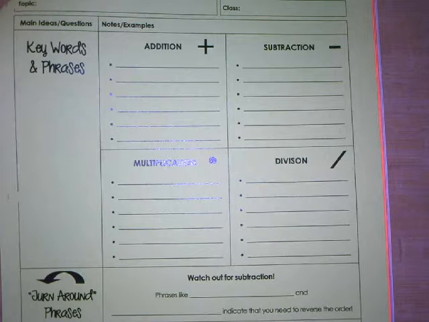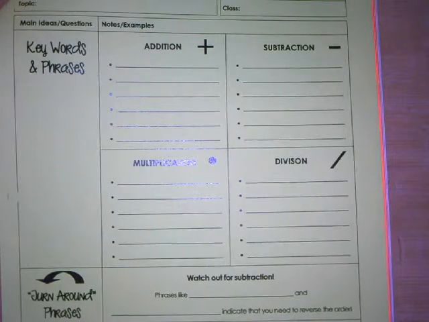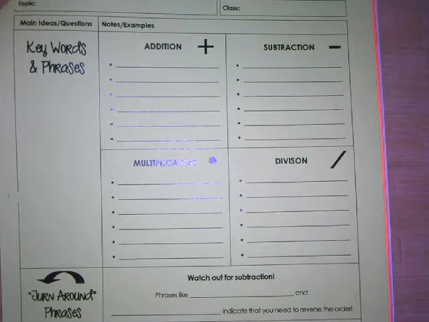So what are some words that you already know that mean, if you see this word in a word problem or something, it means to add? Some.